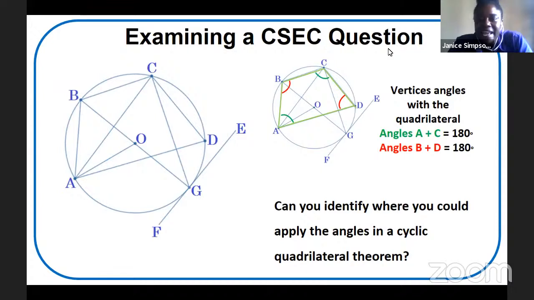And angles A and C are also diagonally opposite, and they too are supplementary, adding to 180 degrees. Trusting that you would have grasped these concepts and are ready now to move into the other segment.